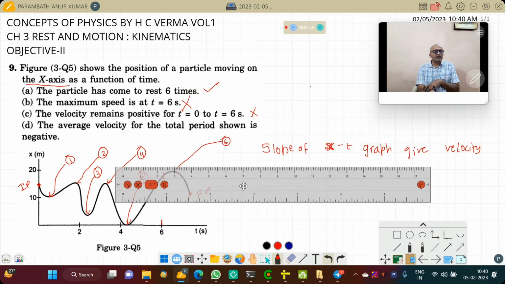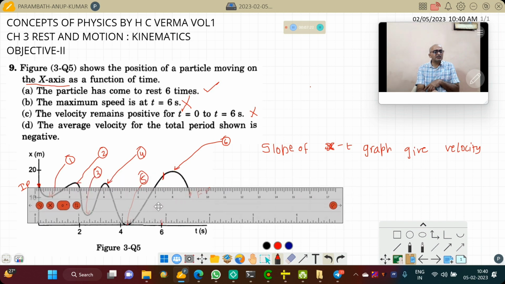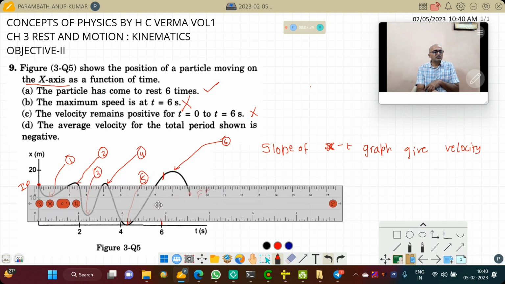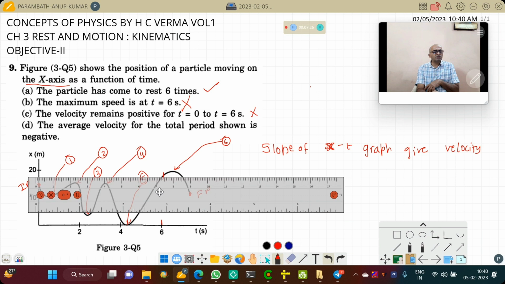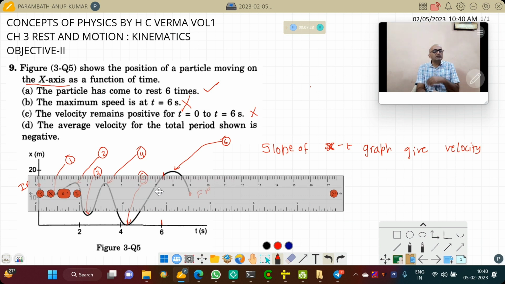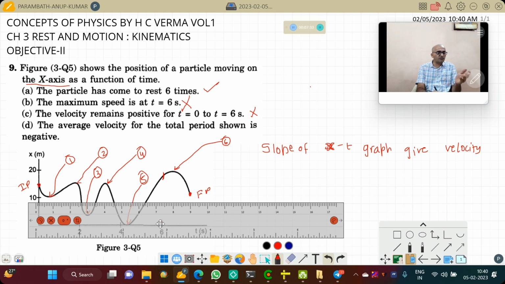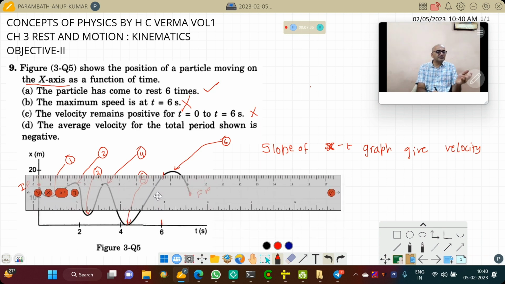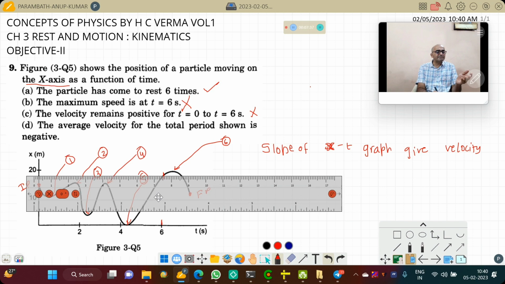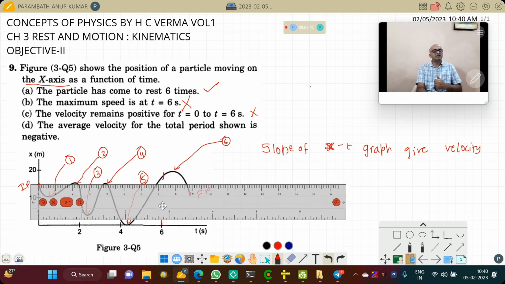With this ruler, this is the initial position, and at 6 seconds, this is the final position, which is more than the initial position. Let us say the initial position at time zero is 15, and at 6 seconds it is 18. So 18 minus 15 divided by total time taken 6. That is correct.